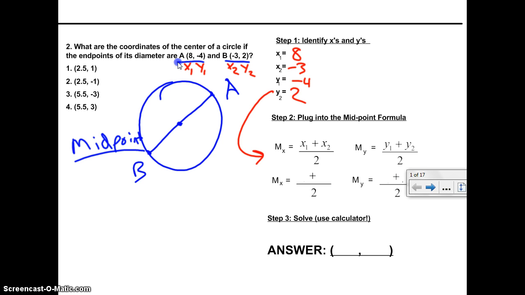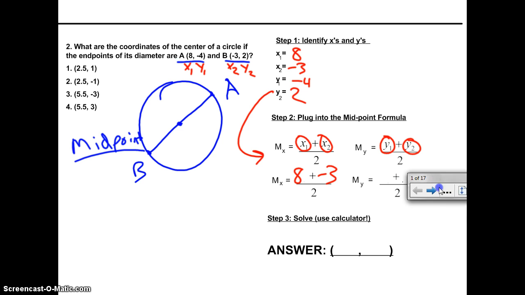So remember, for the MX, it's X1 plus X2. We take that from step 1, we have 8 plus -3. For the MY, we have Y1 plus Y2. And as you know, those are from up above as well. So we get -4 and 2.